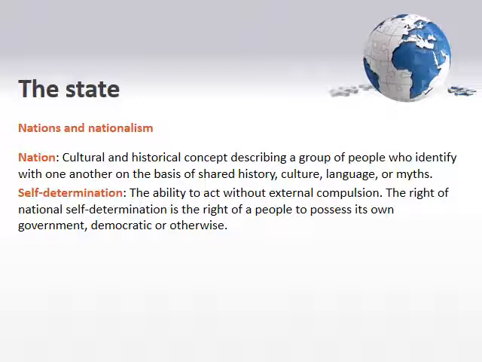So when we take a look at, for example, conflicts in Europe in World War I and World War II, we see a high degree of German nationalism, an attempt to expand German territory, or in the case of World War II, reclaim German territory that was lost in World War I and then expand further. And that was all done on the basis of a nationalist argument that the German people had the right to rule these territories and the right to rule Europe based on national characteristics.